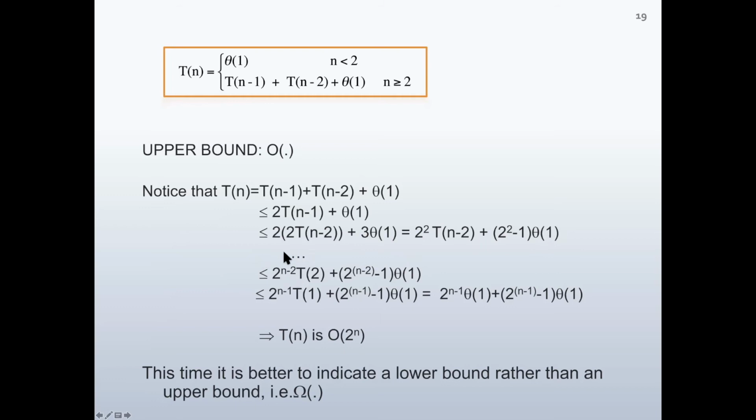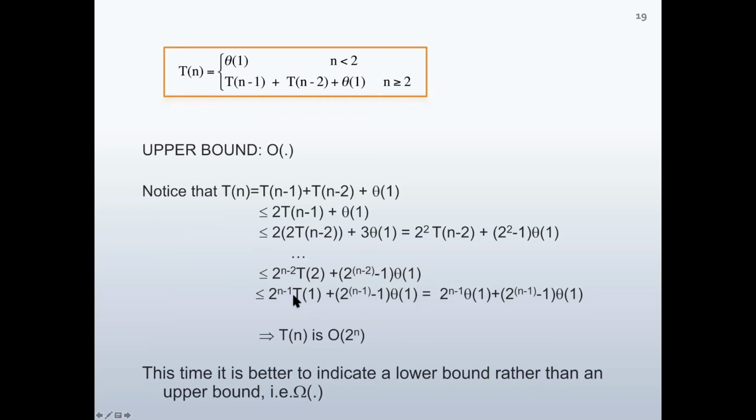If we continue in this manner until the parameter is 2, in this part we will have 2 to the power n minus 2, and for the second term we will have (2 to the power n minus 2 minus 1) times theta 1. And continue one more step. We will have 2 to the power n minus 1 times T(1) here, plus (2 to the power n minus 1 minus 1) theta 1.